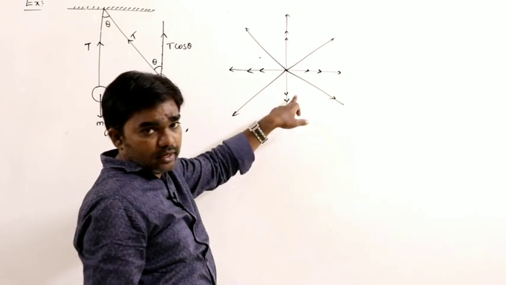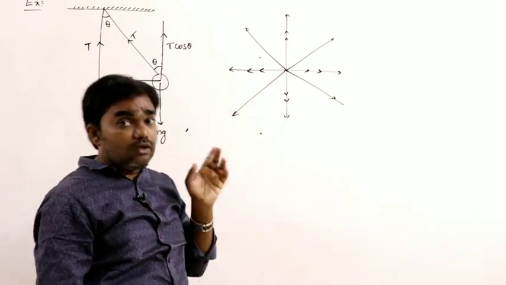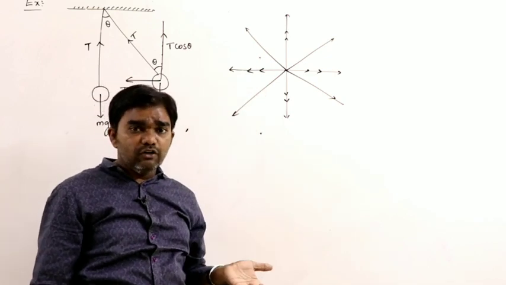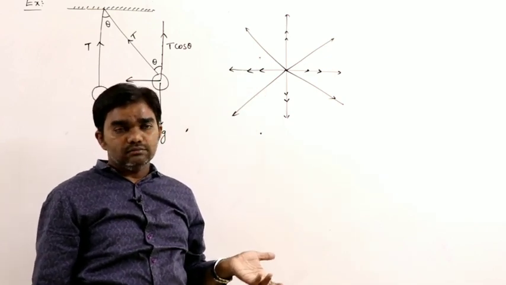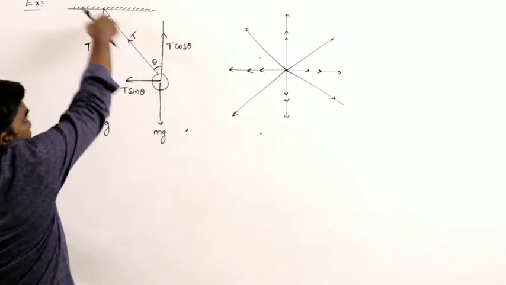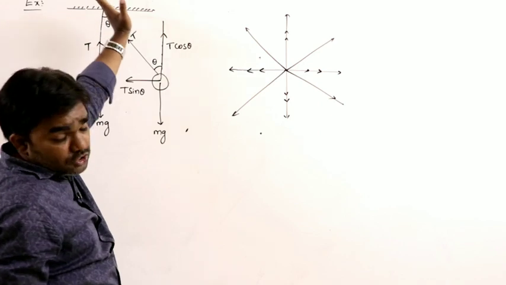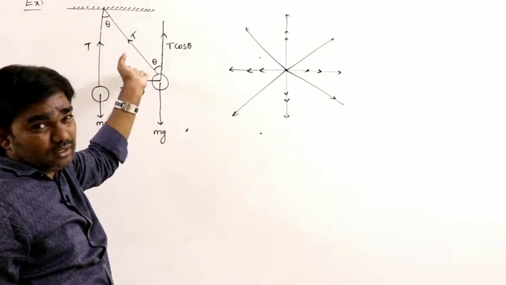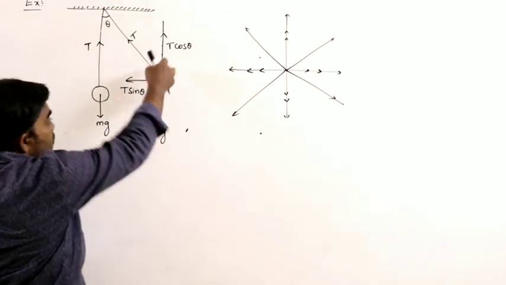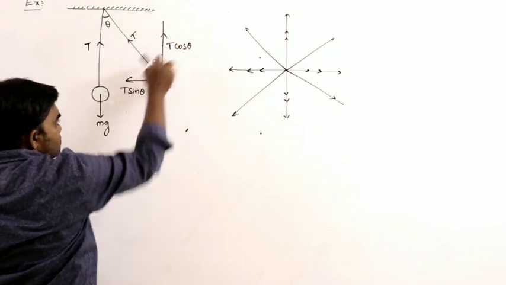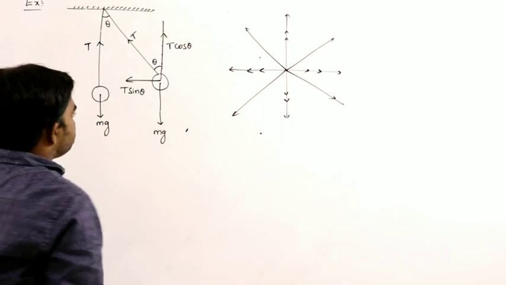So you must remember in which quadrant the vector is. Based on the direction, we find the quadrant. This is the direction of the tensional force. Which quadrant is it? Second quadrant, because the components are positive y and negative x: T cos theta, T sin theta.